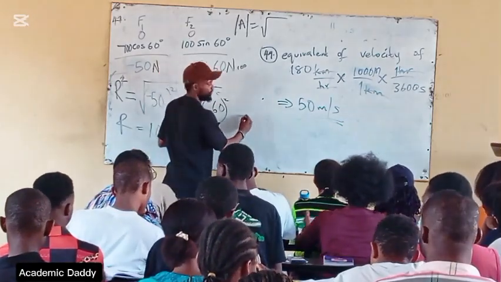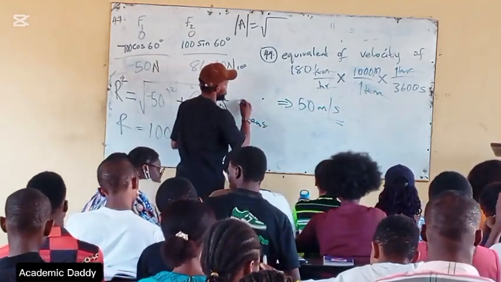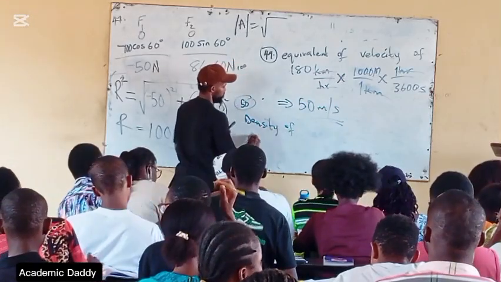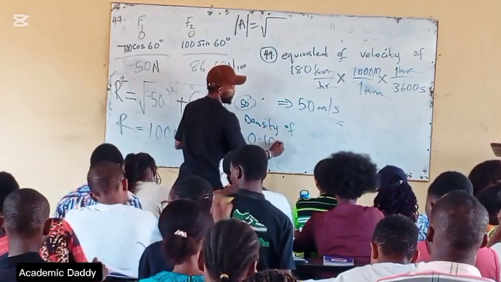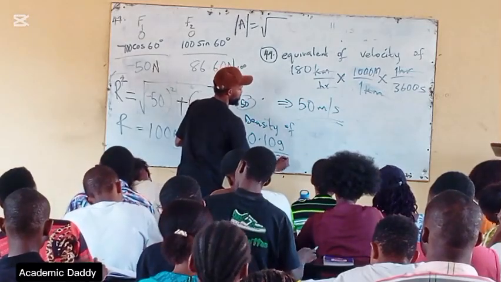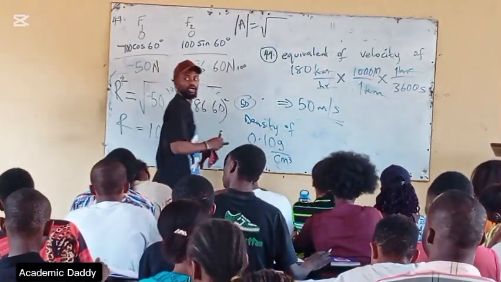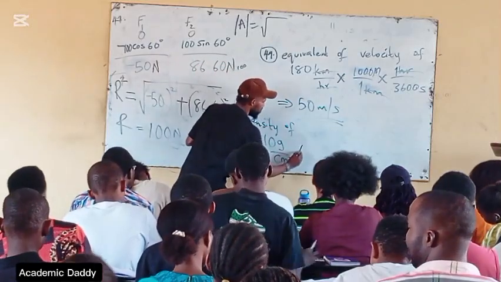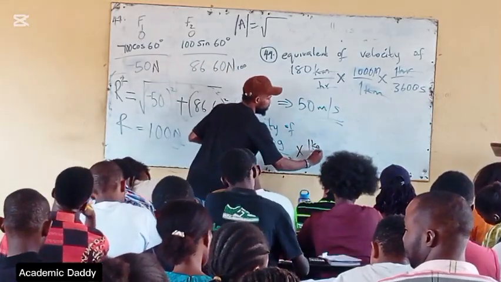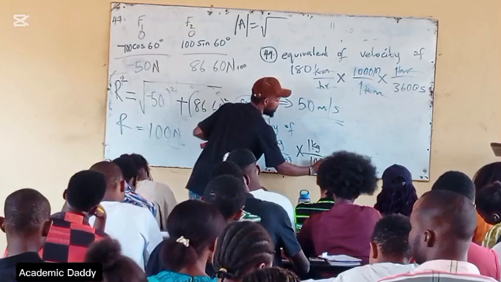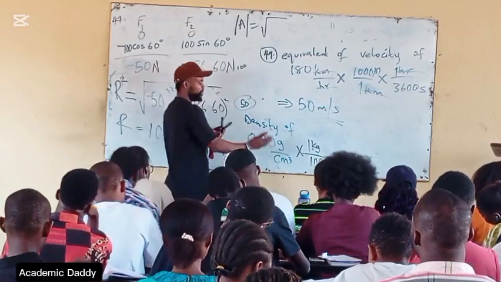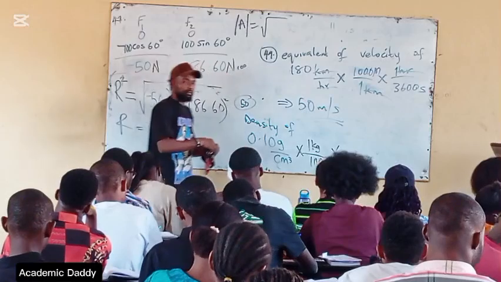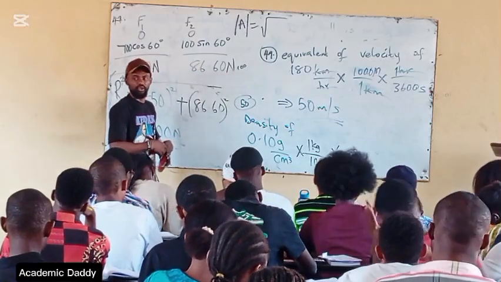The density of a substance is 0.10 grams per centimeter cube. I will do it this way: grams times 1 kg, that is 1,000 grams. I always put the one that I have in the place where it will cancel. Then, I know that 1 meter is equal to 100 centimeters, is it not true?